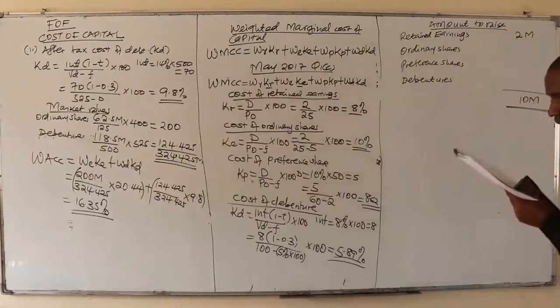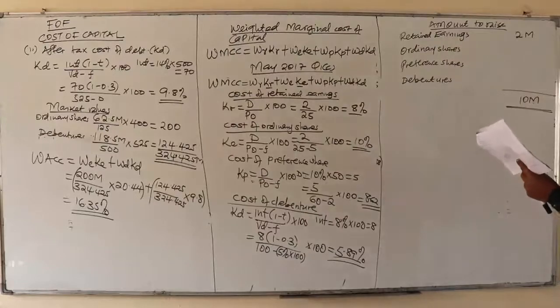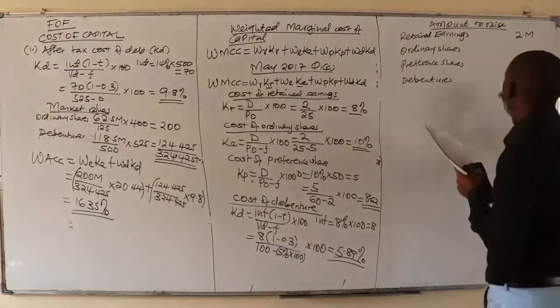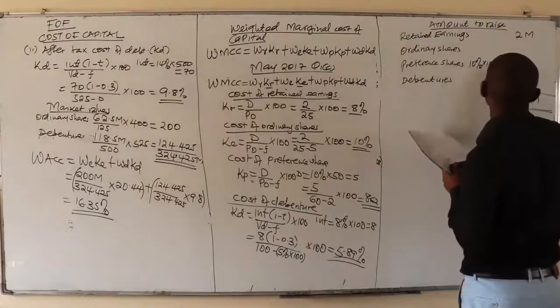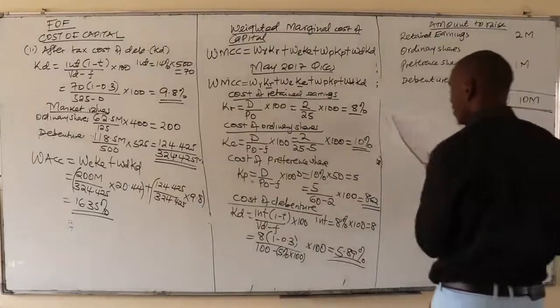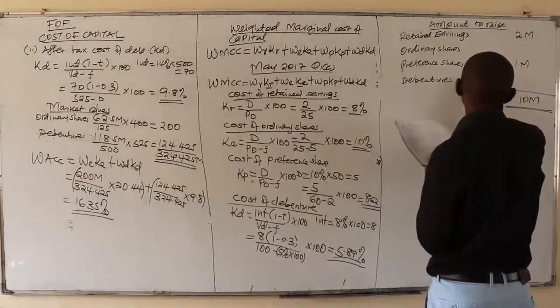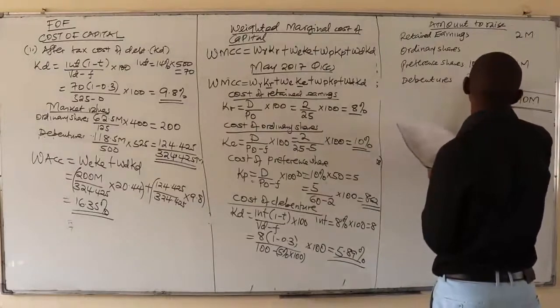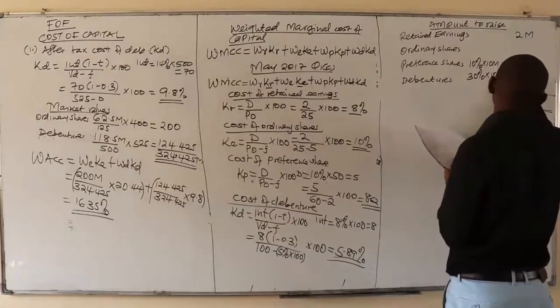We've been given the capital structure, whereby 10% will be from the preference shares. So we just take 10% of 10 million, which in that case will raise 1 million. For the debentures, it will be 30%, so you take 30% of 10 million, which in that case will be 3 million.